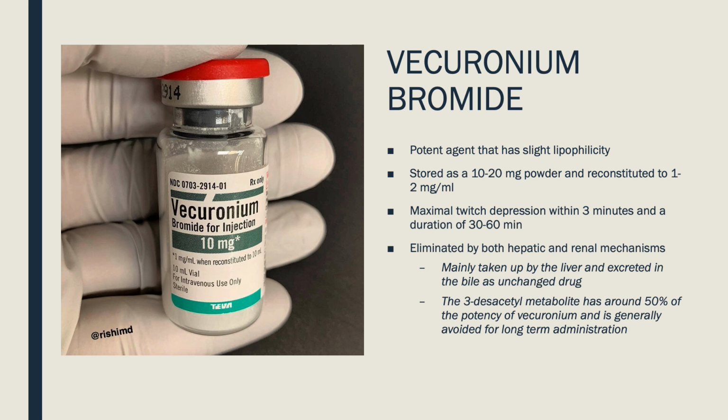How long is it going to last? Who knows? Vec for the longest time was more predictable, and they would say it was, quote unquote, easier to reverse with neostigmine, even though that metabolite hangs around. So you're still going to see it in your trays. Some people are still going to use it. You can reverse with Sugammadex, but a lot of times if you're using a non-depolarizer, it's going to be rock.